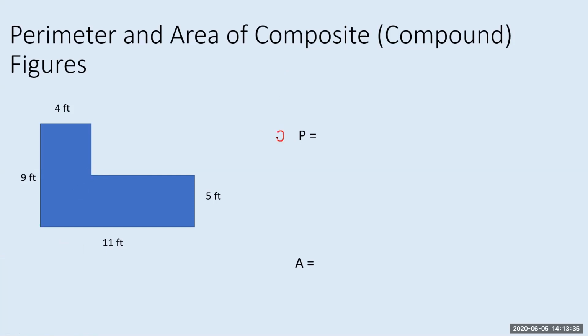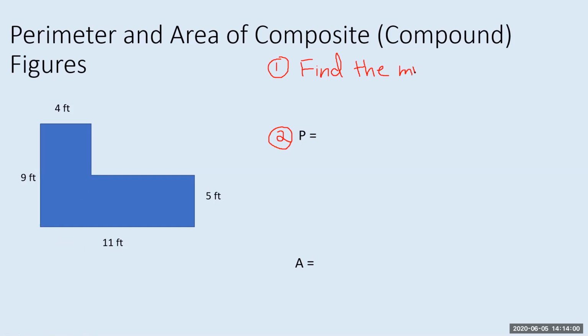So the first thing I need to do before I can calculate the perimeter of this shape is figure out what those missing sides are. So that's going to be my first step for finding the perimeter. Find, or determine, or calculate, whatever word you want to use, the missing sides. Find those missing measurements.